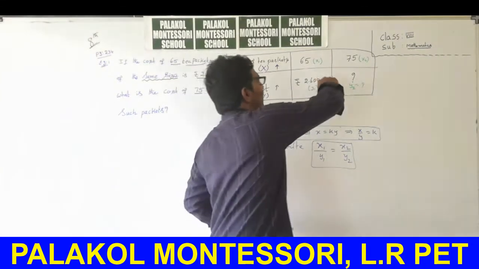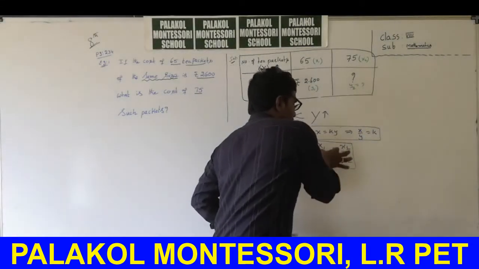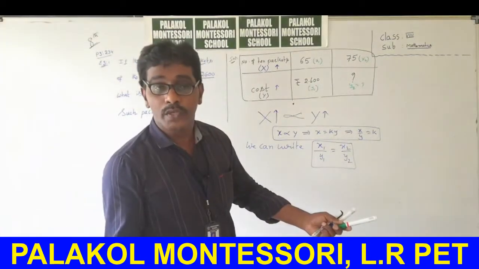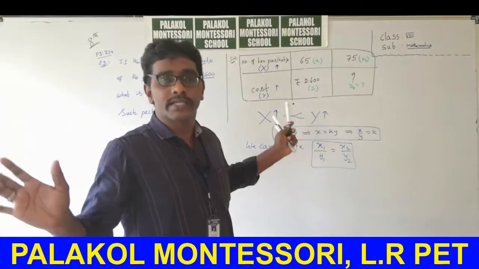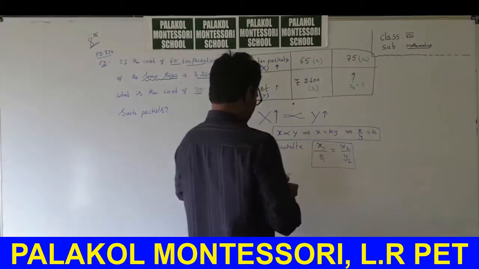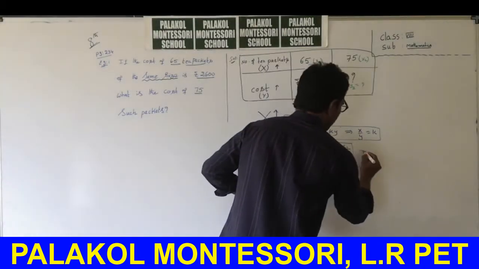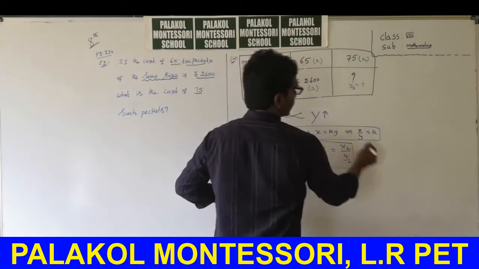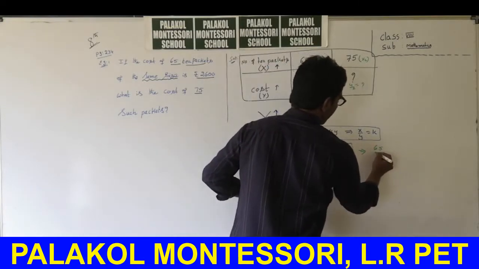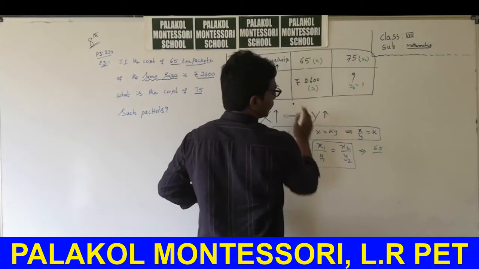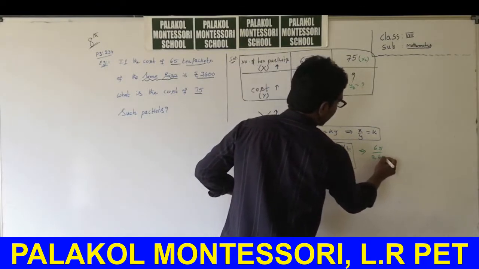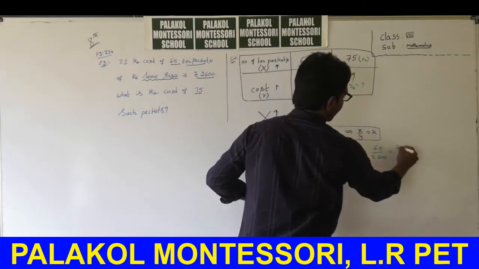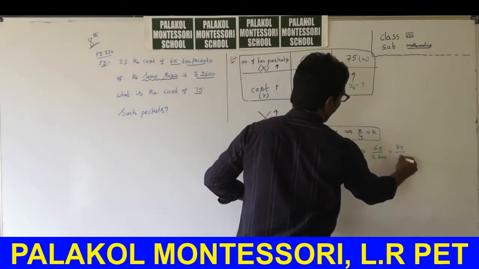So all these values you substitute in this formula, and you get the value you want. Now I do that. x1 value is 65 by y1 value 2600 is equal to x2 value 75 by y2.